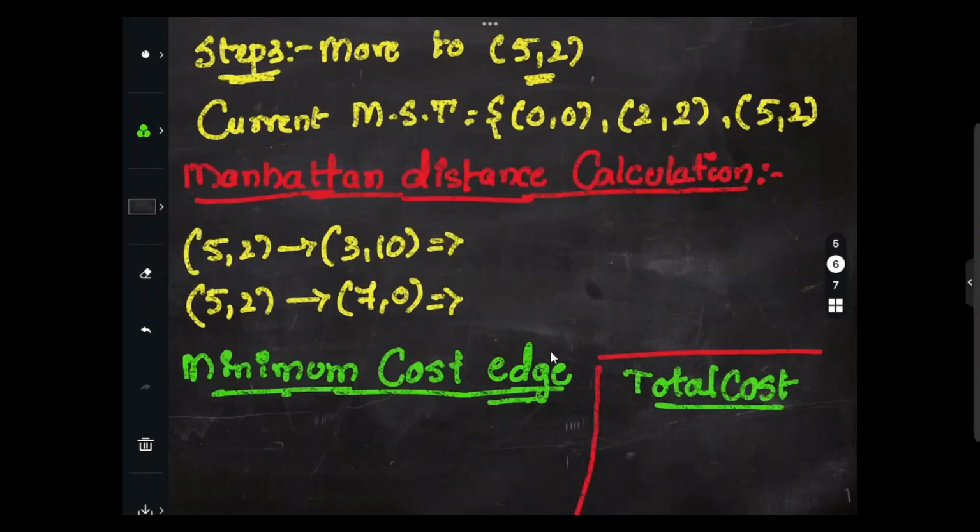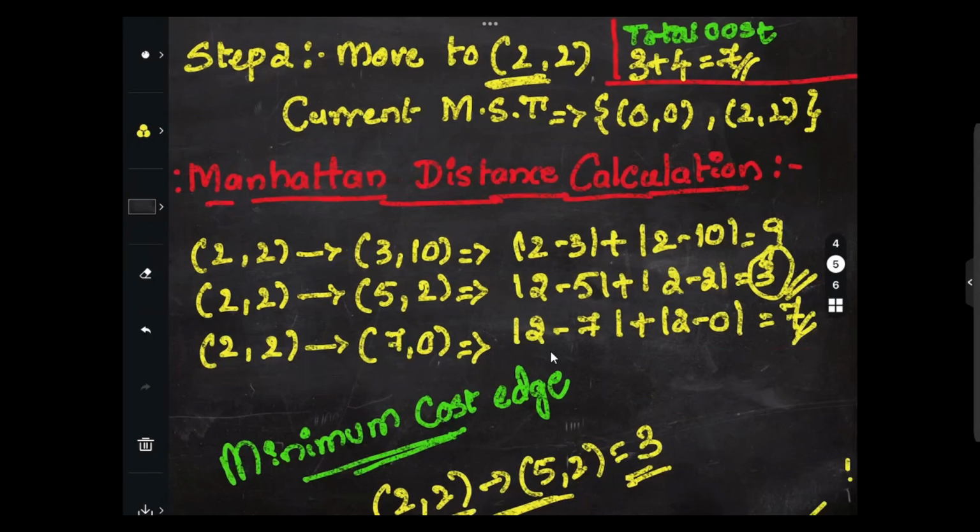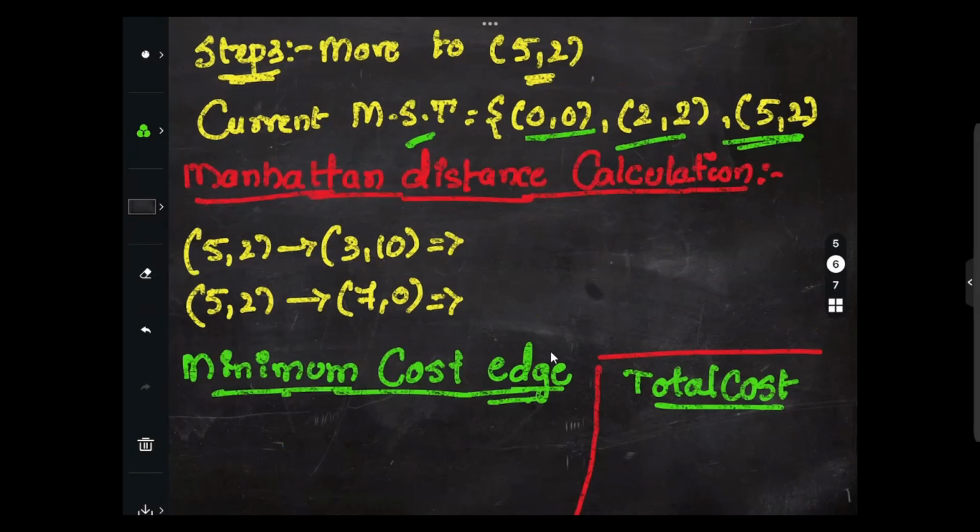So yeah, 5, 2. The current minimum spanning tree we have is 0, 0, 2, 2, and we have moved to 5, 2, because the last minimum cost edge was 2, 2 to 5, 2, which yielded the possible cost 3, right? So we are considering 0, 0, 2, 2 and 5, 2 here.